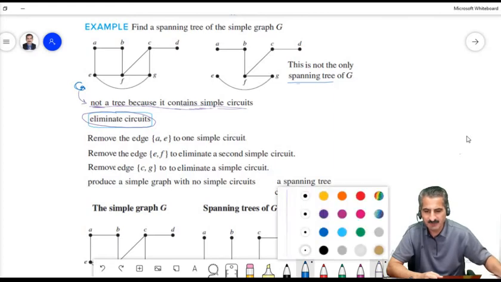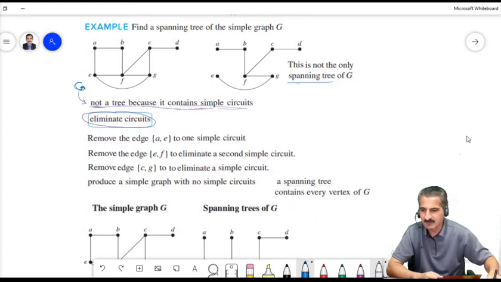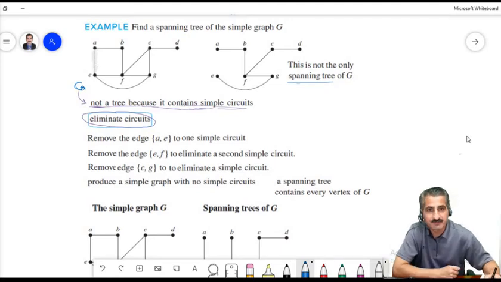I will use this color to mark an edge I want to get rid of. We have a circuit E, F, and G, so I will remove this edge in here.